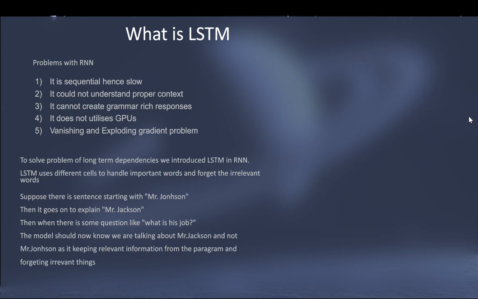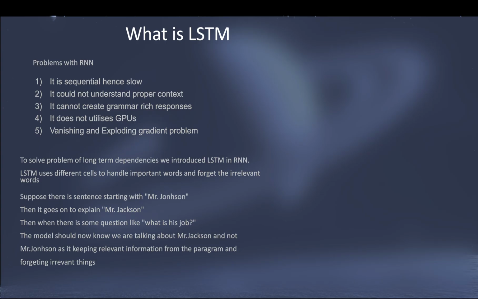So that's why we went with LSTM. Some of the problems with RNN are mentioned here. It is sequential, like I mentioned. It does not understand proper context, and it also doesn't have any state mechanism. It does not understand the context because it only depends on the previous word, not the whole sentence.